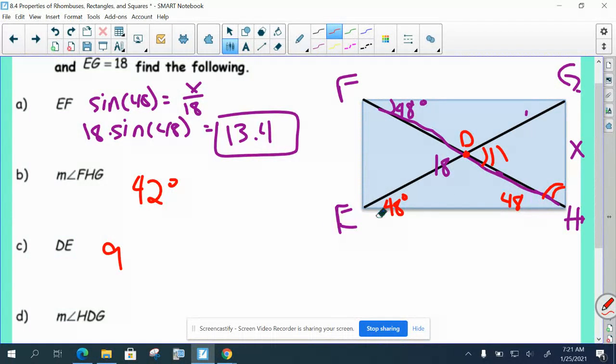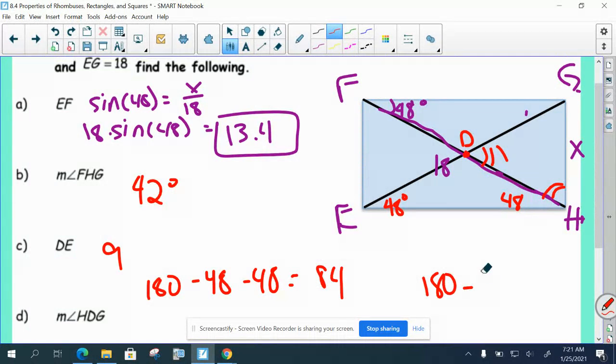So we take 180 minus 48 minus 48, and that gives us 84. Then 180 minus 84, I guess we could have just added up 48 twice, would give us 96. So that would be the measure of this angle.